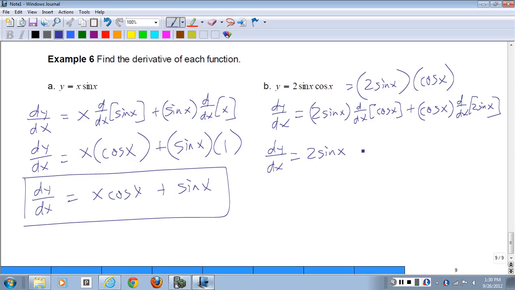2 sine x times negative sine x plus cosine x times, and here I have to be a little bit careful, it's the derivative of 2 sine x. So using the constant multiple rule, that would be 2 times whatever the derivative of sine x is. So it's 2 cosine x.